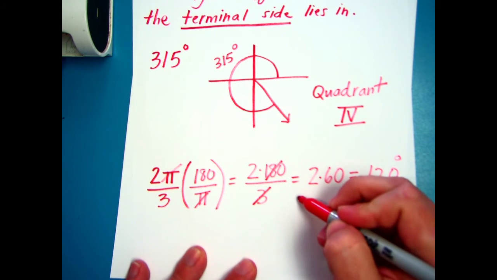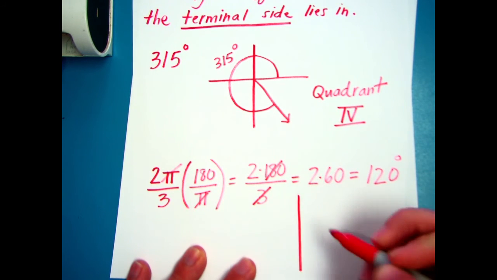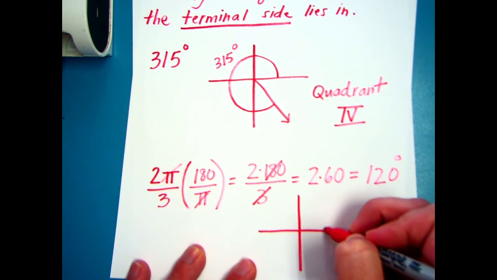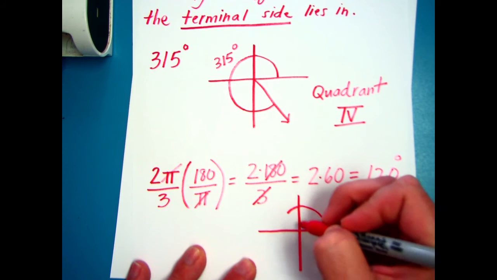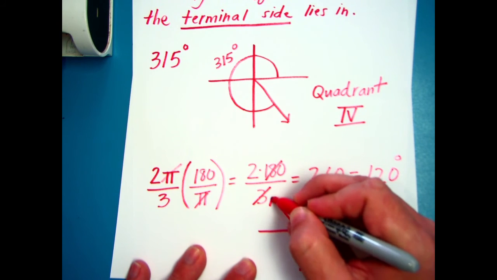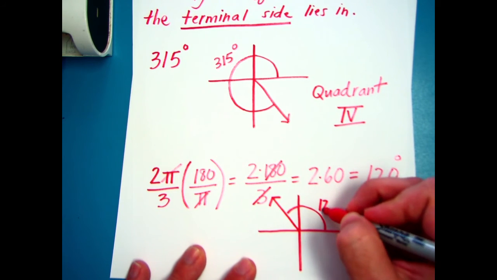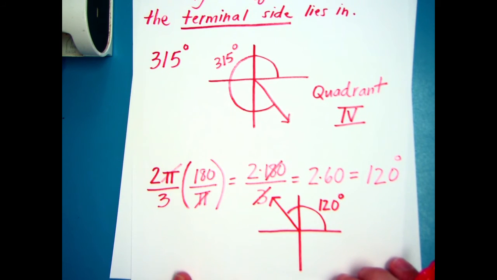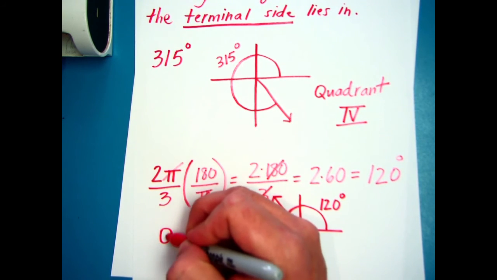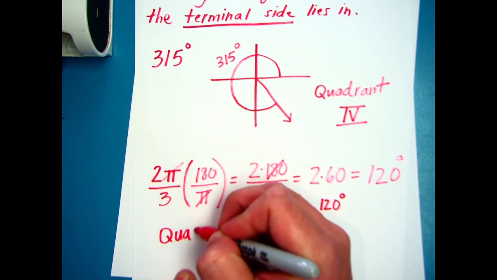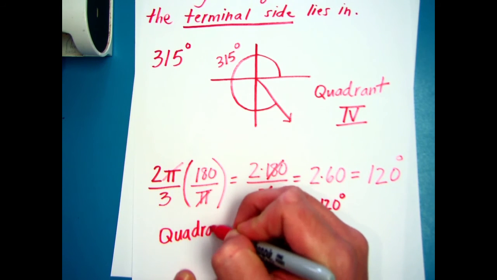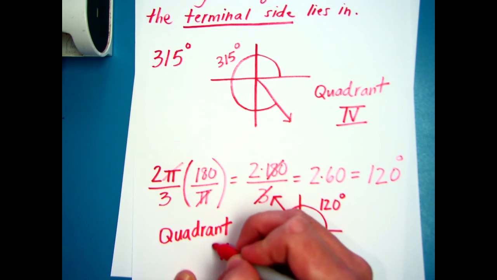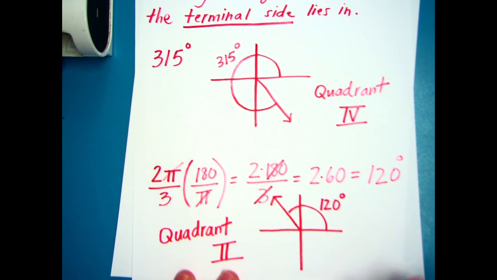Now we are ready to draw this angle. The terminal side lies in quadrant 2. We're not quite at 180 degrees, but we are past 90 degrees. That puts us in quadrant 2.